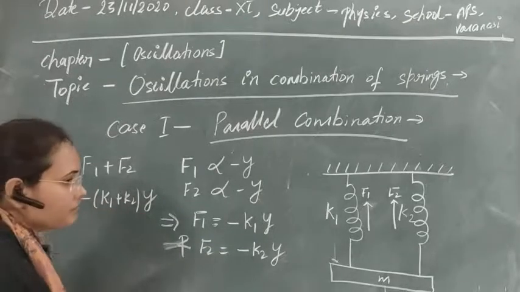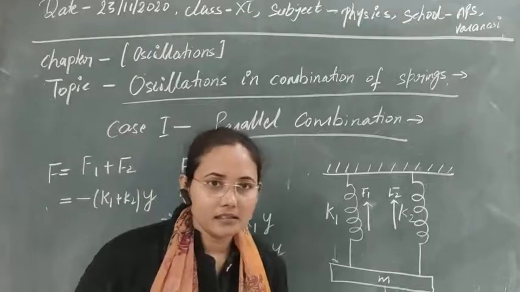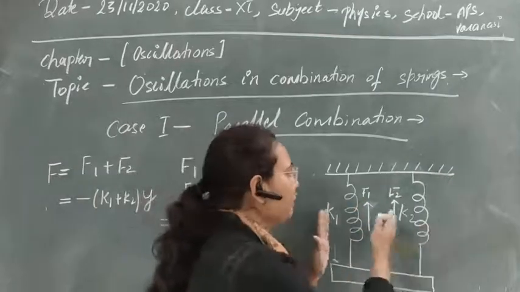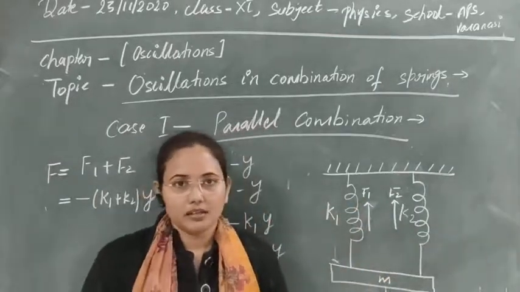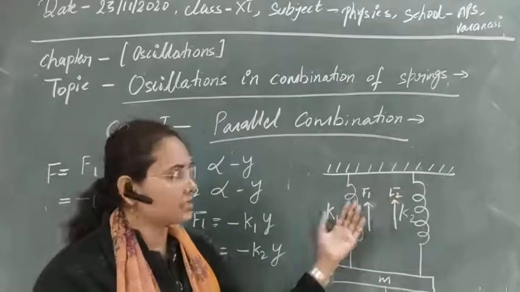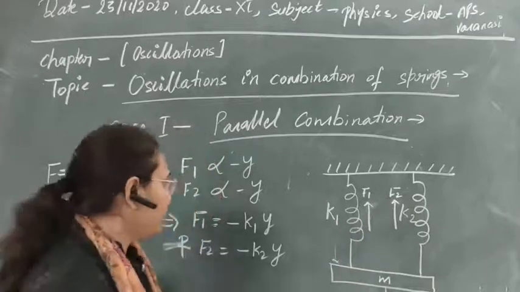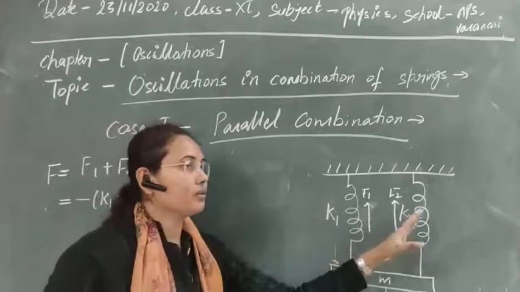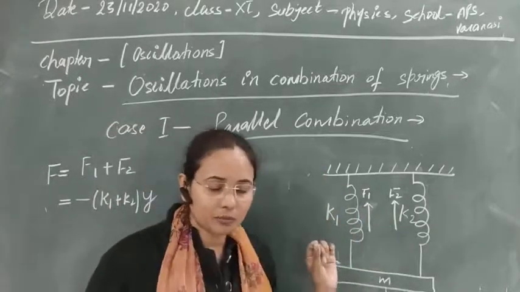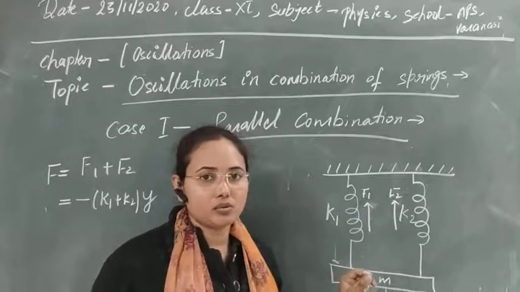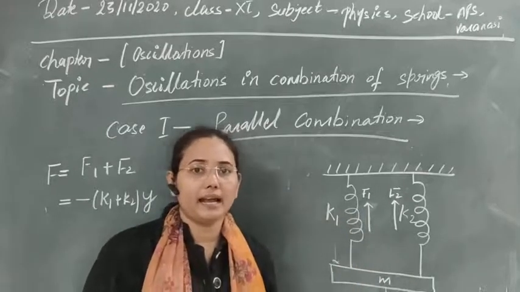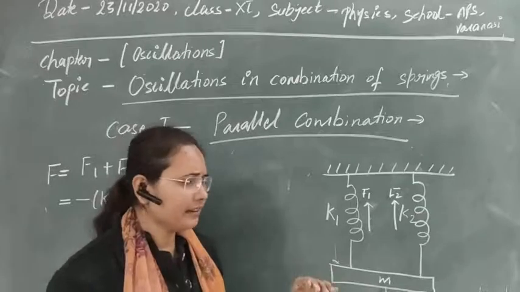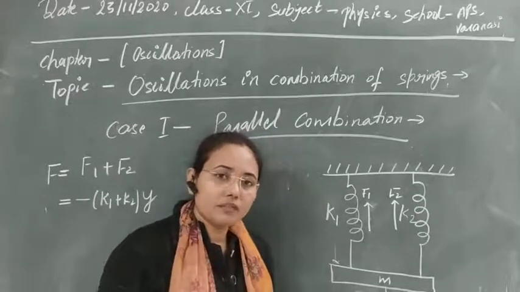Now suppose capital K is the spring constant of this parallel combination. We are taking this combination as a system. So suppose K is the spring constant of the whole system, combined in parallel. If in place of this combination there were only one spring with force constant K and a mass attached to it, then obviously its weight would act in the downward direction, and due to that weight some extension would be produced in the system, and opposite to that extension a restoring force would be developed.